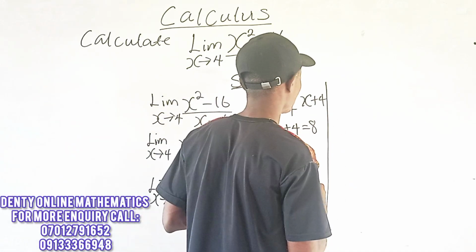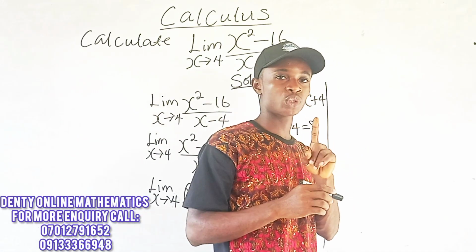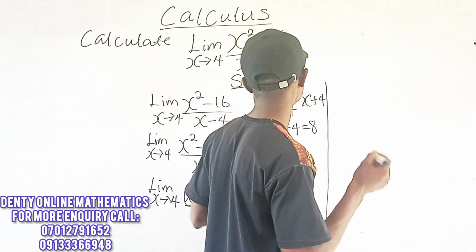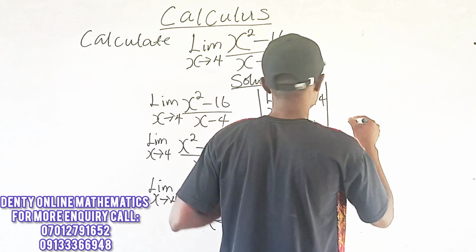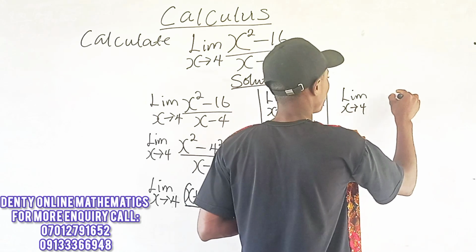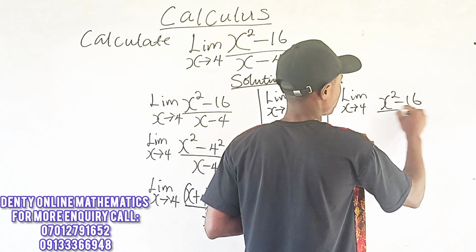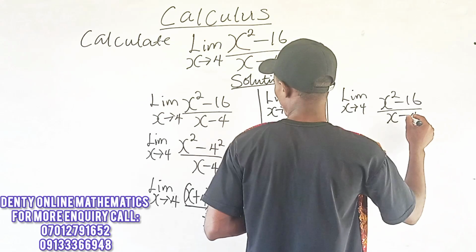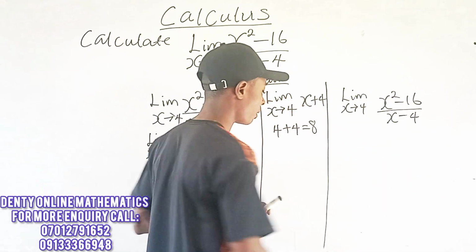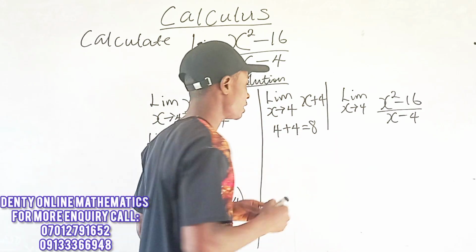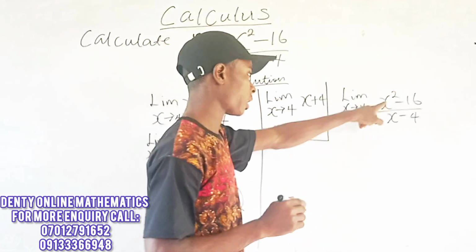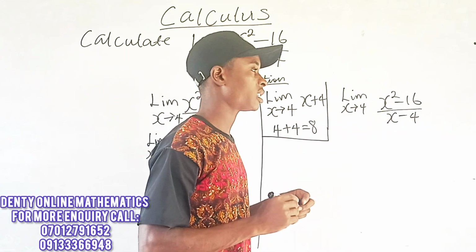Now, let's come here also. The method I want to introduce to you now is called L'Hopital's rule. If you have this limit as x tends to 4 of x squared minus 16 all over x minus 4, this rule tells us that we can only apply it when the limit is indeterminate by direct substitution. Now, look at what we have here: x squared minus 16.